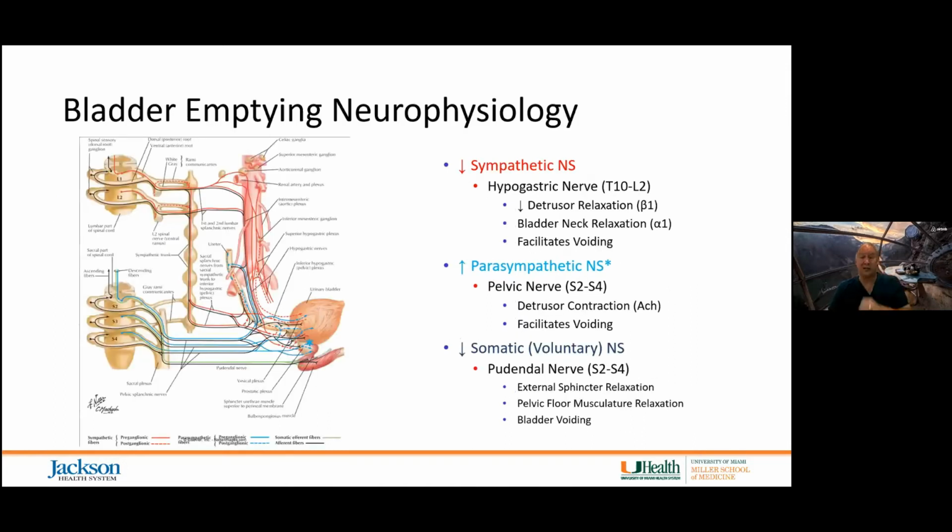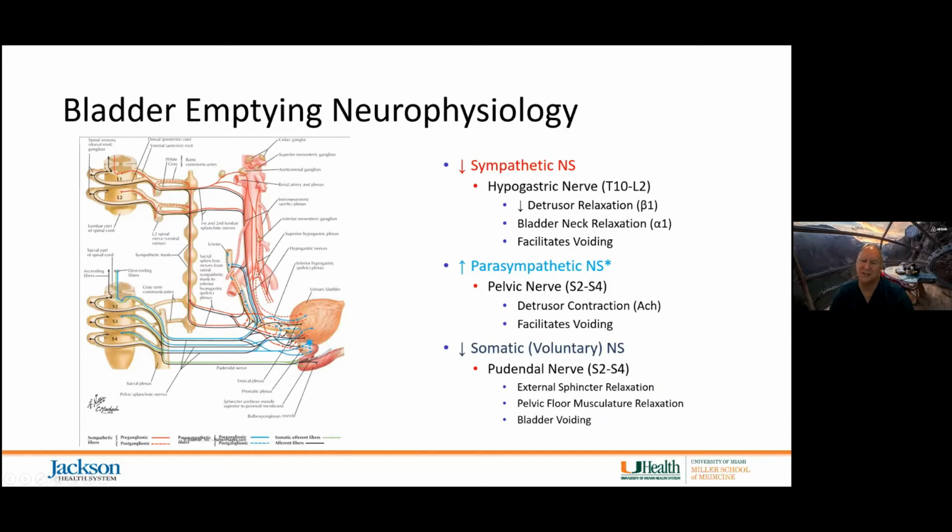So bladder emptying, on the other hand, is going to reverse these scenarios. Now you're going to have a reduction in sympathetic influence, so less detrusor relaxation. You will have bladder neck relaxation because of the decreased sympathetic nervous system activity on the alpha-1 receptors. Your parasympathetic activity is increased along the pelvic nerve so that you have detrusor contraction, and this is going to facilitate voiding so long as your external sphincter and pelvic floor are relaxed.